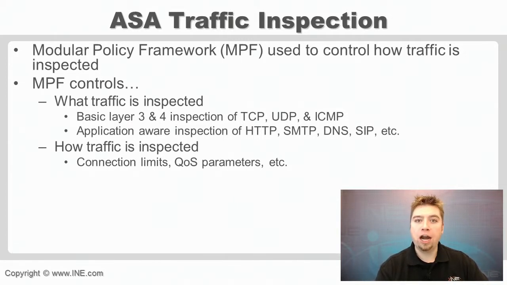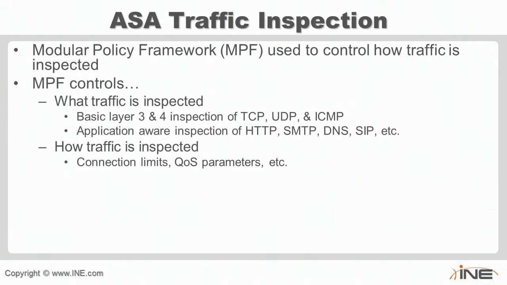So if we're trying to do denial of service prevention, that's how we do it in the ASA: use the modular policy framework to say this particular segment or server has these types of application inspection properties, and this is what we're going to do with the traffic once we go above that limit. Or maybe we have separate QoS applied to that particular class.